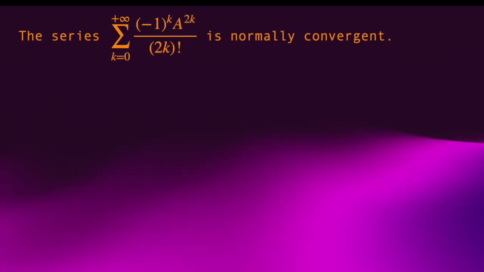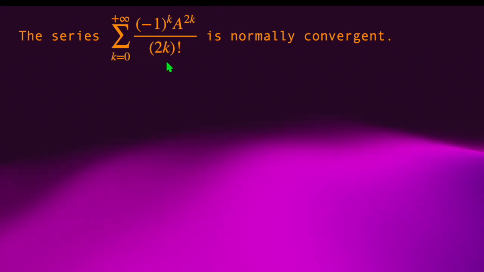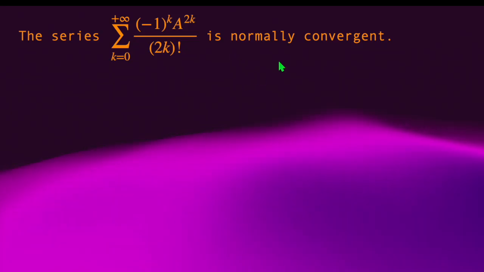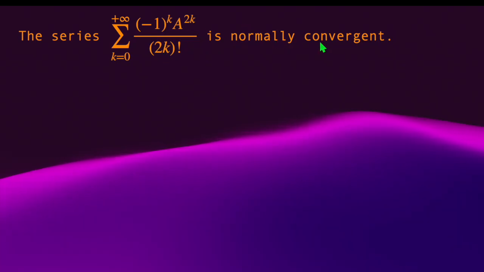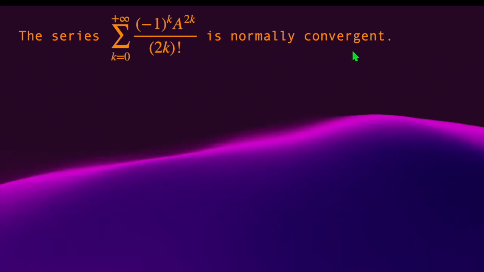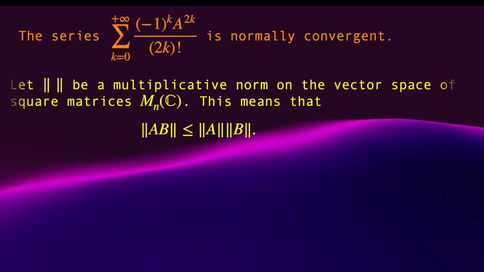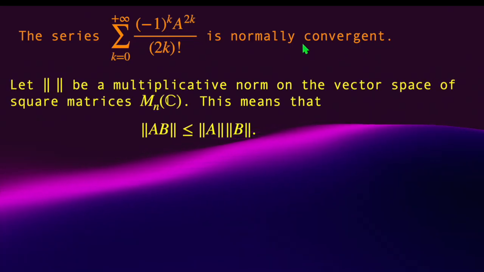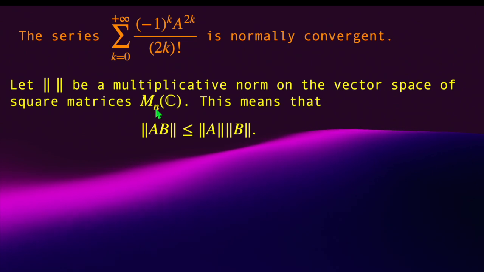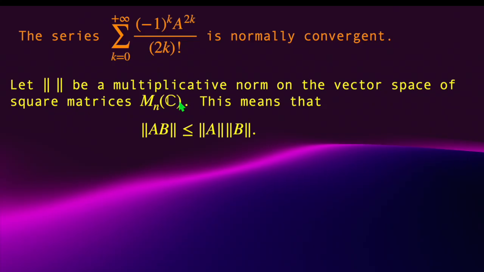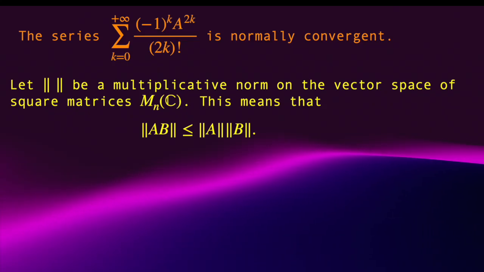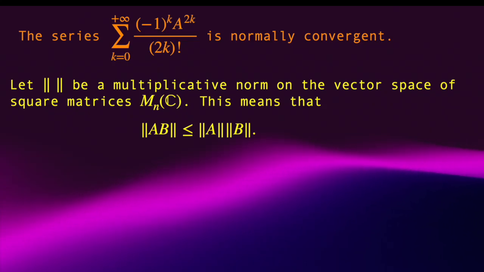Okay, so we start with the series defining the cosine, and we will show that it is normally convergent. So we take a multiplicative norm on M n C, where M n C is the vector space of square matrices.